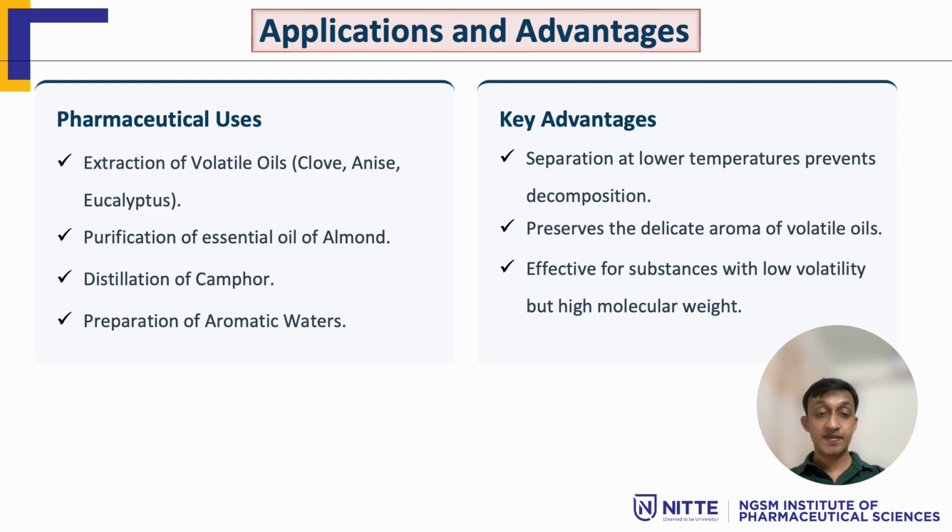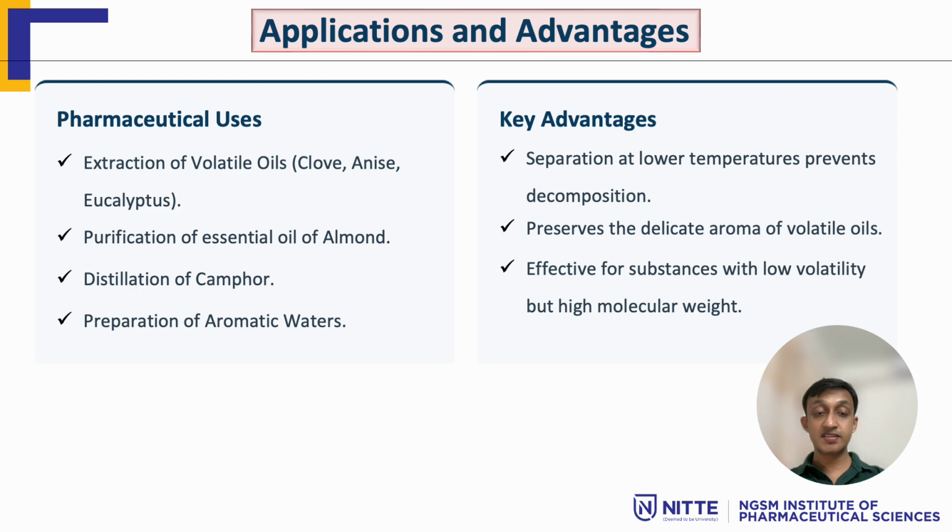Steam distillation has several important pharmaceutical applications. It is widely used for extraction of volatile oils such as clove oil, eucalyptus oil, and anise oil, purification of essential oils such as almond oil, distillation of components like camphor, and preparation of aromatic waters.